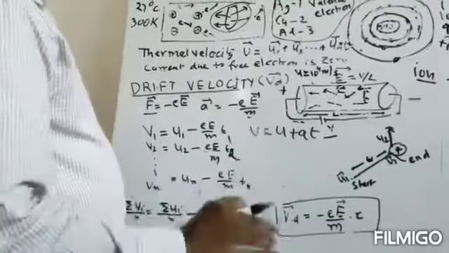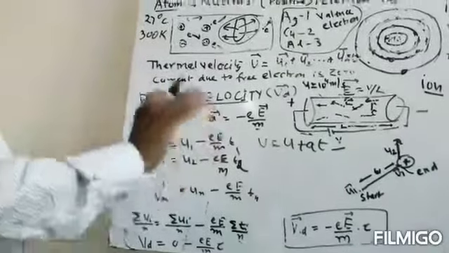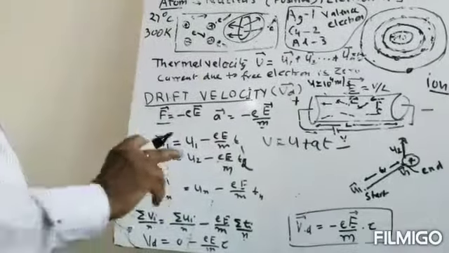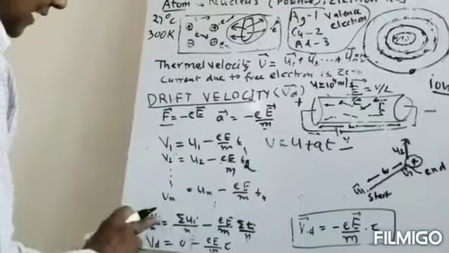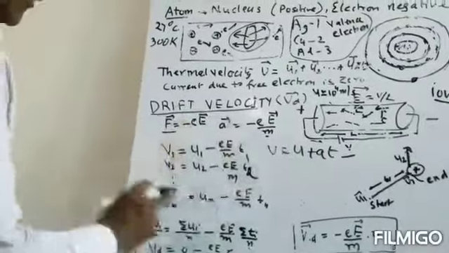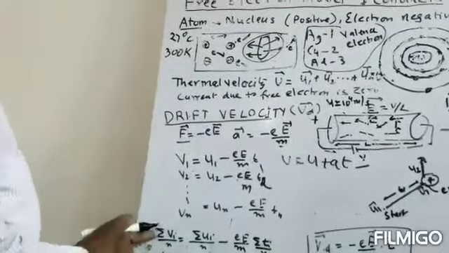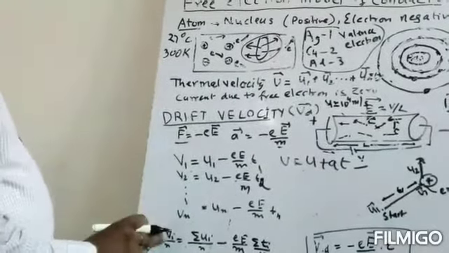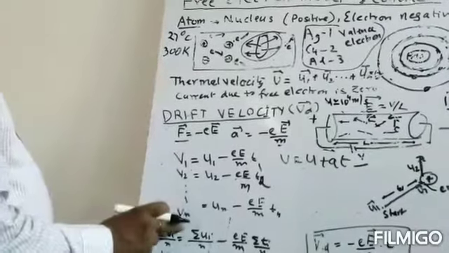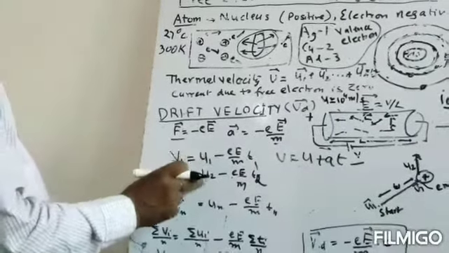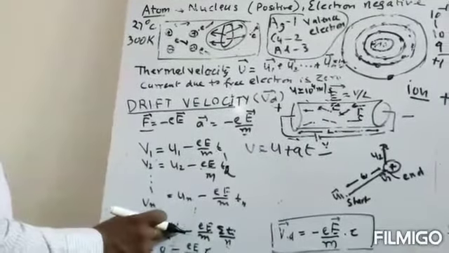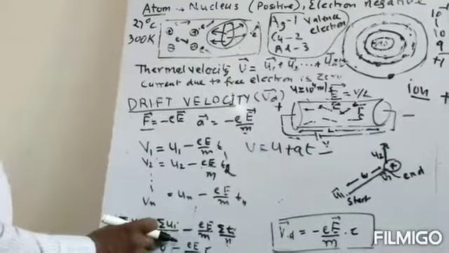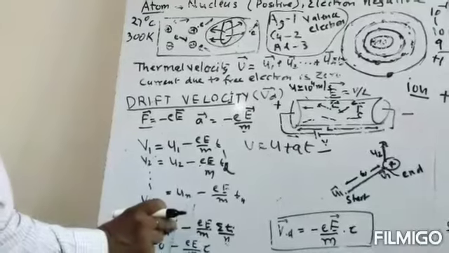Now what will be the average velocity of these free electrons? We will take the sum and divide it by n. If n is the number of electrons, then sigma Vi is V1 plus V2 plus up to Vn. Similarly, U1 plus U2 plus up to Un is the summation of Ui divided by n. So this will be the average initial velocity.